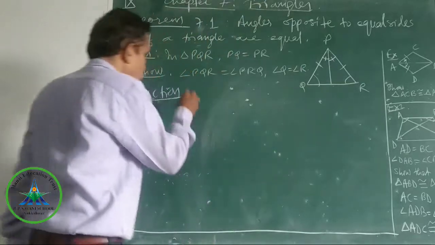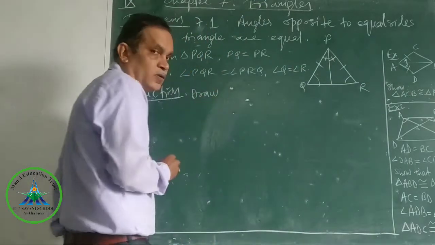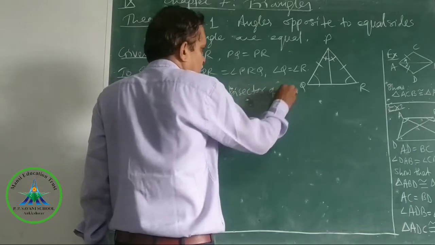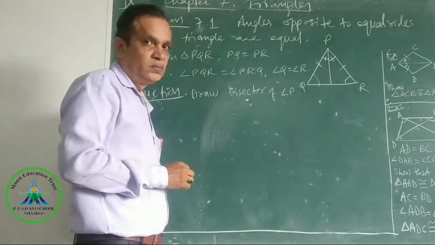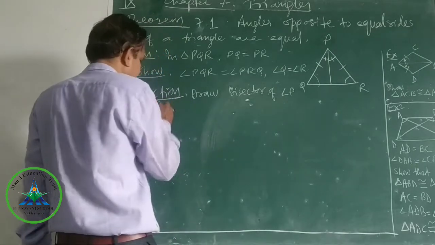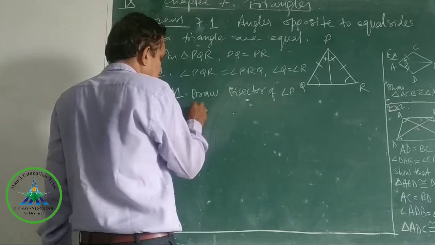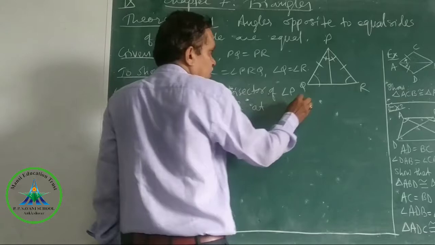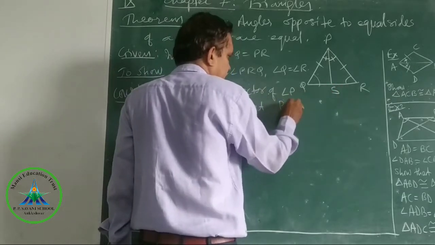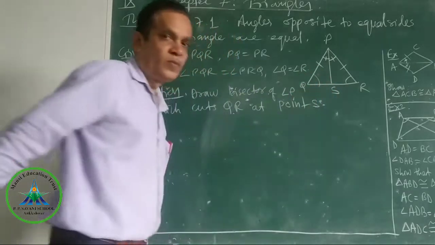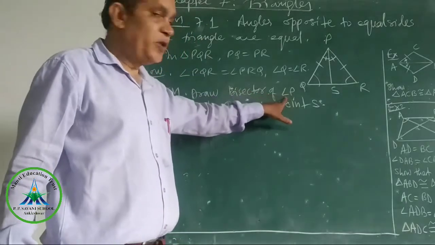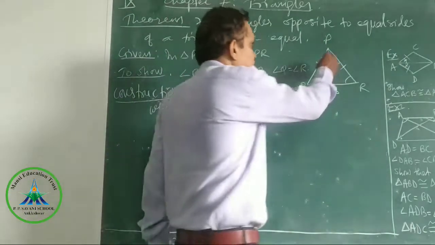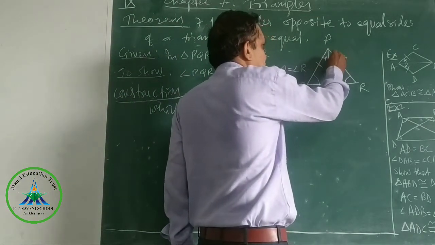We will draw the bisector of angle P which cuts QR at say point S. Draw bisector of angle P which cuts QR at point S. So this angle is equal to this angle.